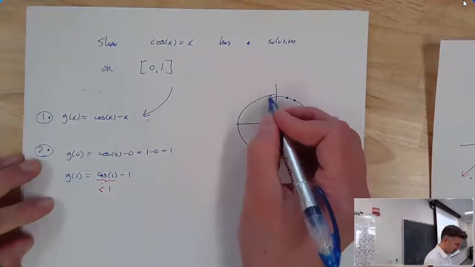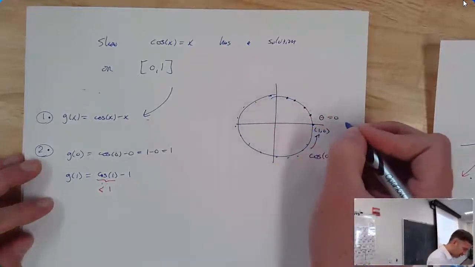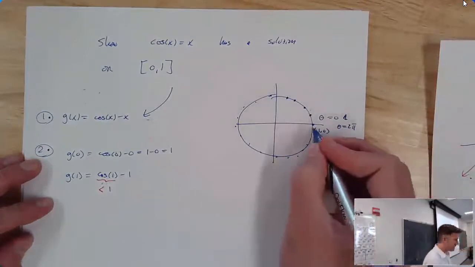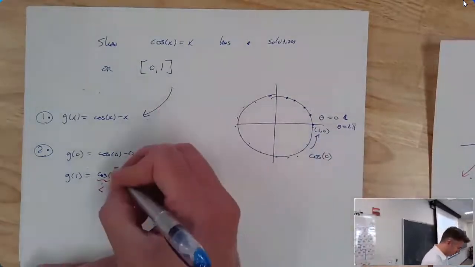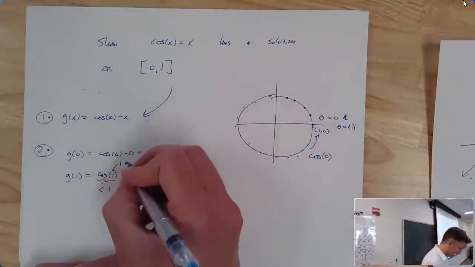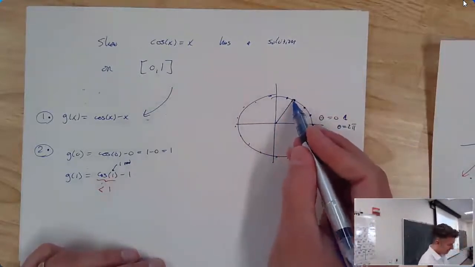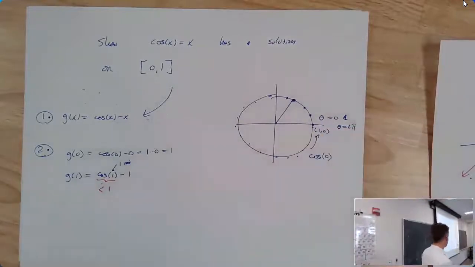As we move over here, cosine's negative, negative, negative, negative, right? Back here, at theta equal to 2 pi is the next time that the cosine function gets to equal a value of 1. So I know that at 1 radian, when we plug in an angle of 1 radian, which is about there, the cosine value is definitely less than 1. That's the argument I'm using to say, well, I don't actually know what it is, but I know that's less than 1.